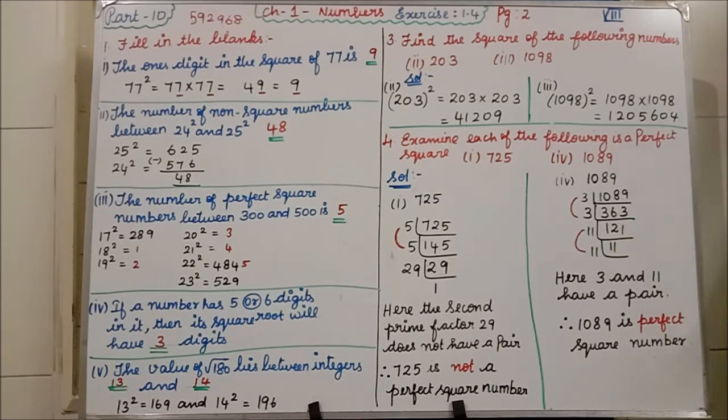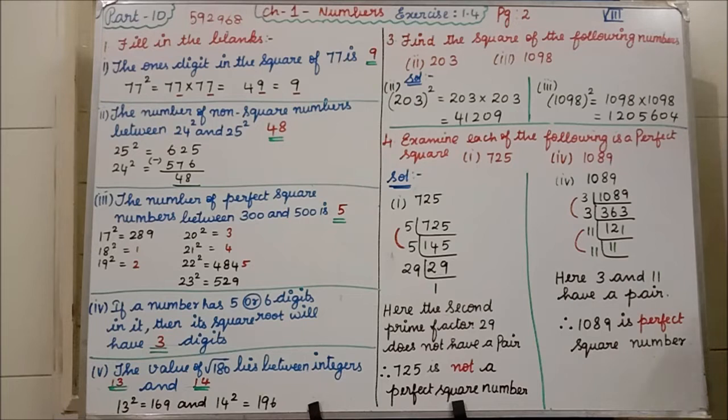Clear? Now we'll see the fourth subdivision. Examine whether each of the following is a perfect square number. We have to examine whether the given number is a perfect square number. As I told you before itself, can you tell me some examples of perfect square numbers? 36, 121, 49, 81, 64.